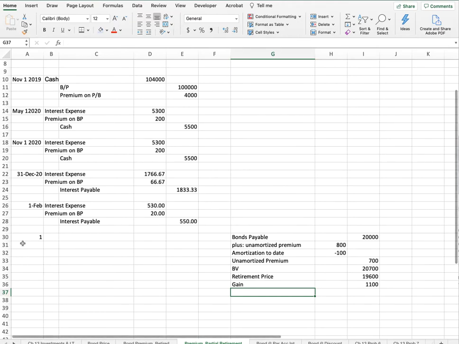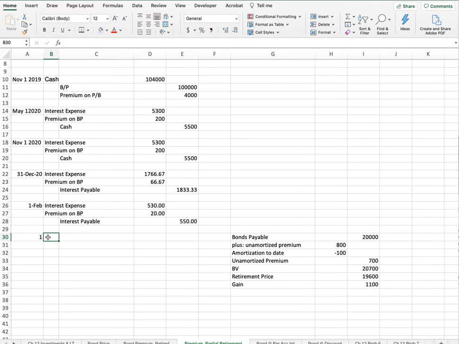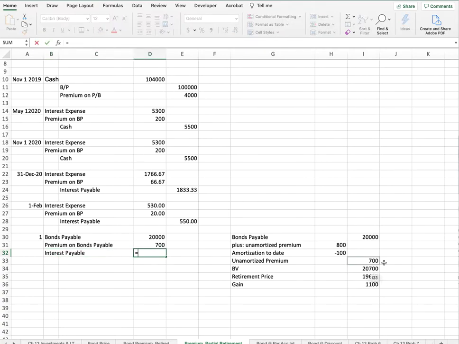But so now we can go ahead and fill out this actual calling of the bonds. So we have our bonds payable that's going to be fully eliminated for 20,000. We have our premium on the bonds payable, which we already calculated over here. So we'll just pull over that 700. We have our interest payable, which we calculated in our previous adjustment. We have cash, which we calculated right here.